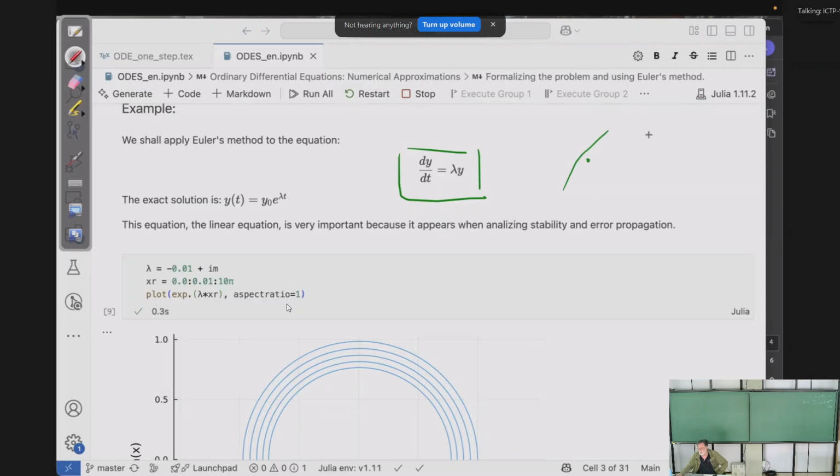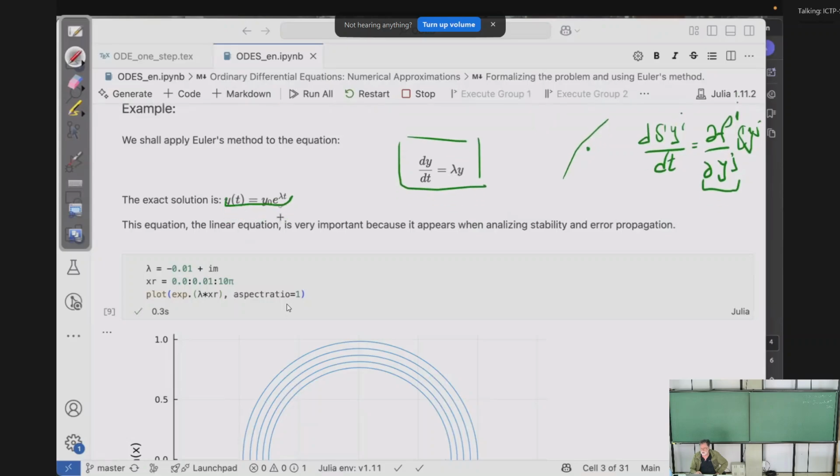So to study a problem d delta y over dt equals the derivative of f with respect to y, say this is component i, and this is component j, times delta y j. And this is a matrix, so we have basically this problem.